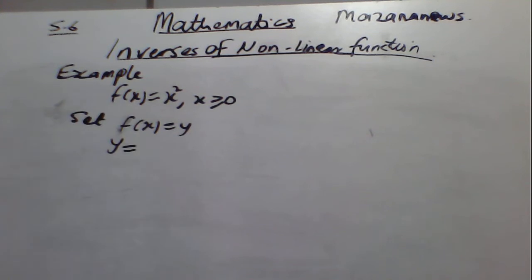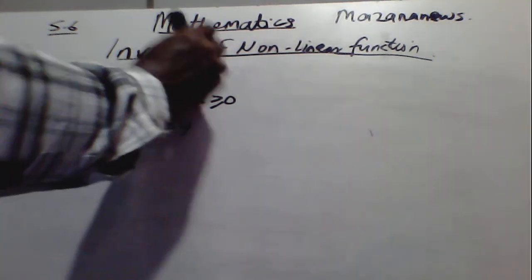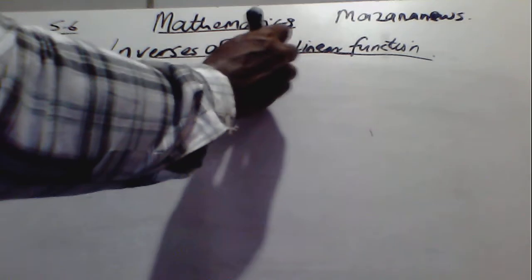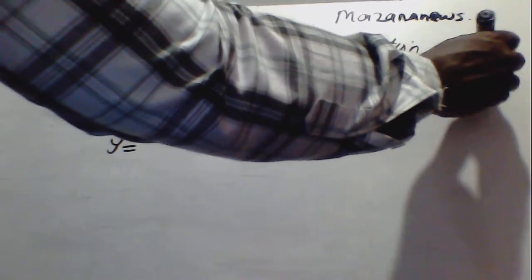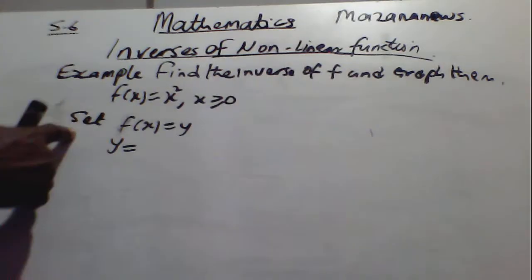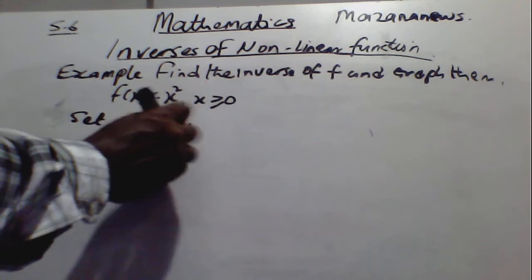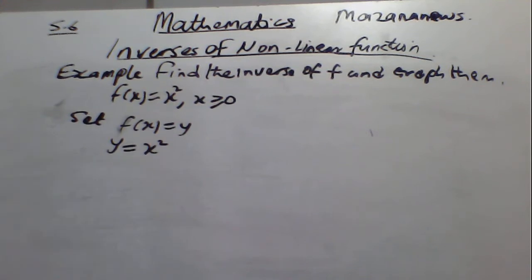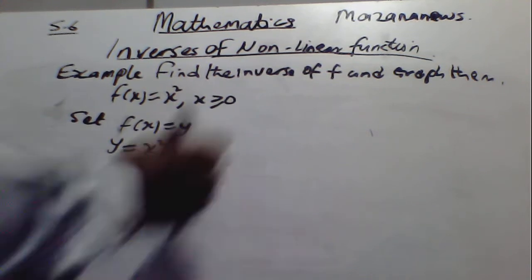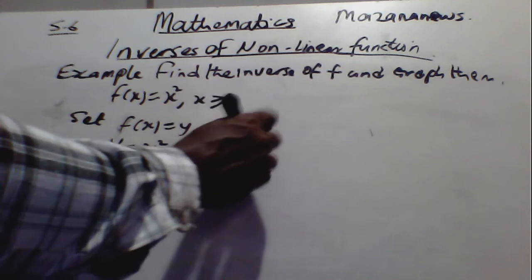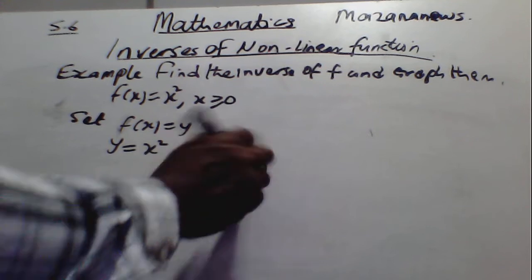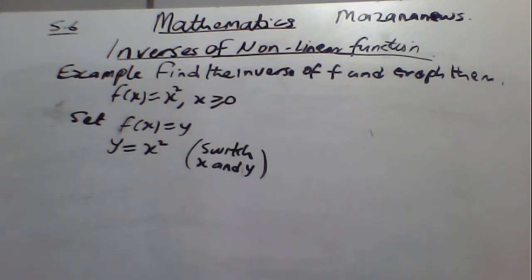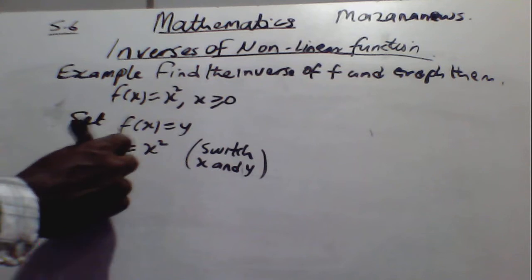We have y equals what? x squared. So switch x and y. The method we use is still the method to find the inverse. If you switch them, you have x equals y squared.